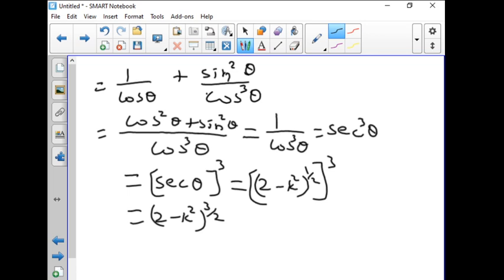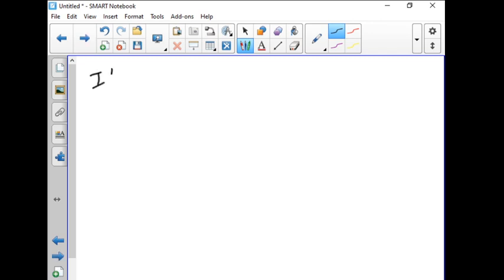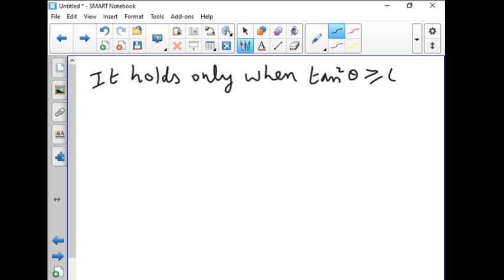Now what is the second part of the question? Also find the value of k for which this result holds. So it holds only when tan square theta is greater than or equal to 0. But what is tan square theta? 1 minus k square.